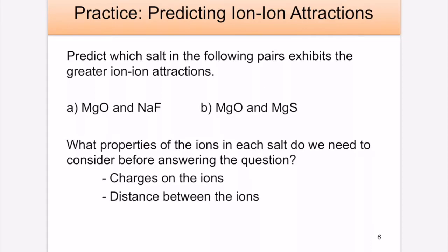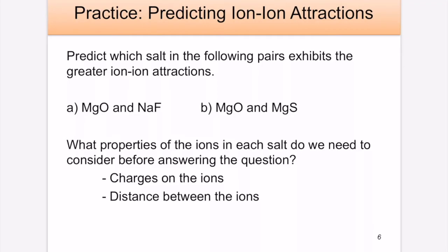So magnesium oxide and magnesium sulfide. The magnesium is the same, so that's not going to have any effect on the difference in the strength between those two salts. The only difference is the oxygen and the sulfur. Both oxygen and sulfur have a -2 charge, like magnesium's +2, so the charge isn't going to have an effect.